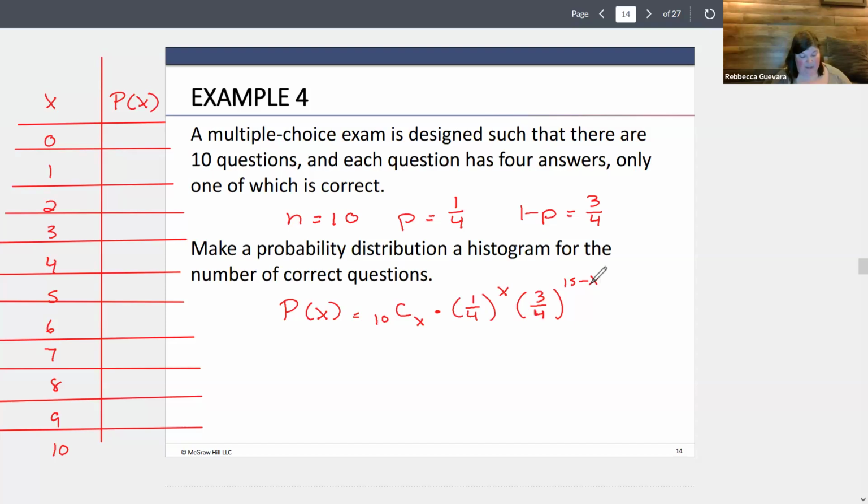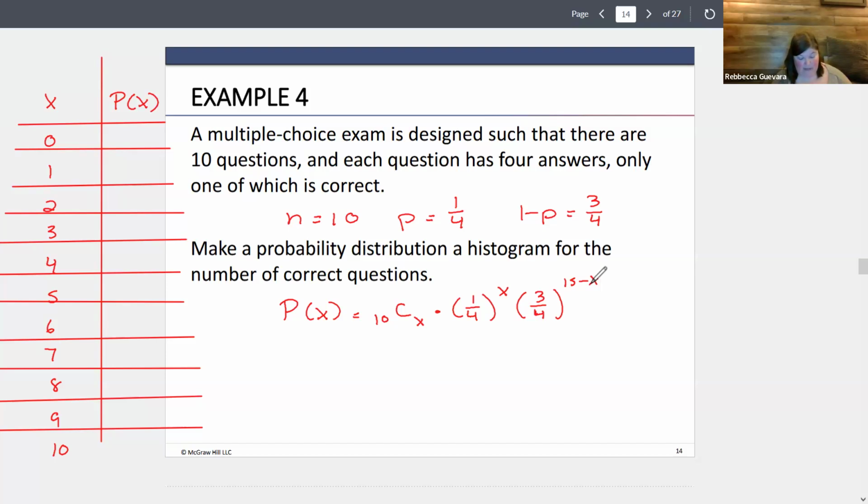So I'm actually going to have this set up in my calculator to make this go a little bit faster. So we're going to have 10 choose 0. That would give me one choice there. Then 1/4 or 0.25 to the power of X, so in that case, for the first one, it's going to be 0.